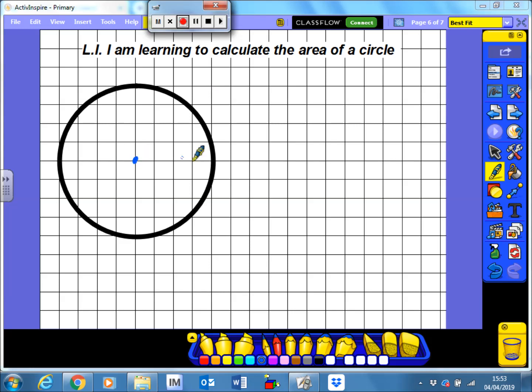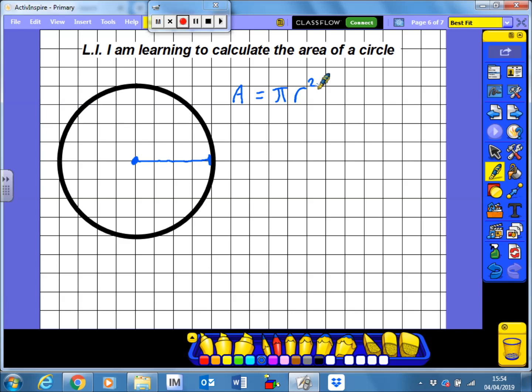We have a circle here, and I can tell you that its diameter all the way across from edge to edge is 8. Therefore its radius from the centre to the edge is 1, 2, 3, 4. So the radius is 4. So we know that area equals pi r squared already.